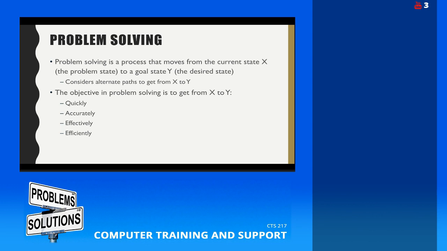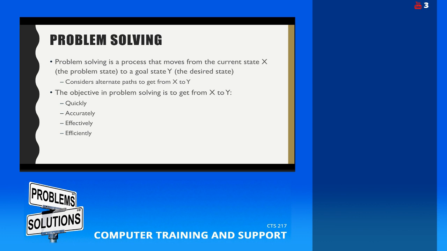So if your path to get them from the problem state to the desired state is quick, accurate, effective, and efficient, if you're doing the right things and doing things right, quickly and accurately, then you're going to make that client happy.